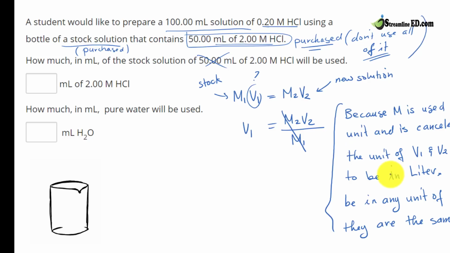So that gives us the ability to have the unit of volume 1 and volume 2 not be in liters. It could be in any unit of volume as long as both of them are the same. In this case, what we are using is milliliters. So now let's substitute this in and solve it.